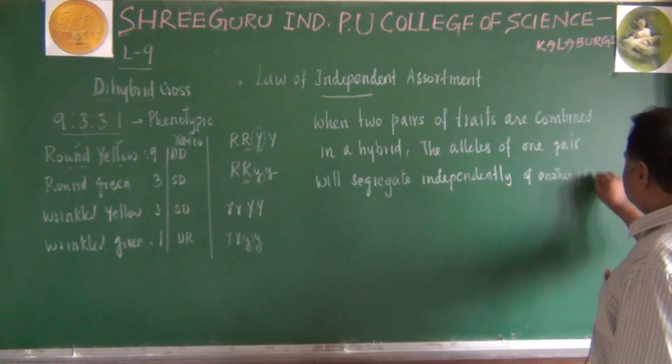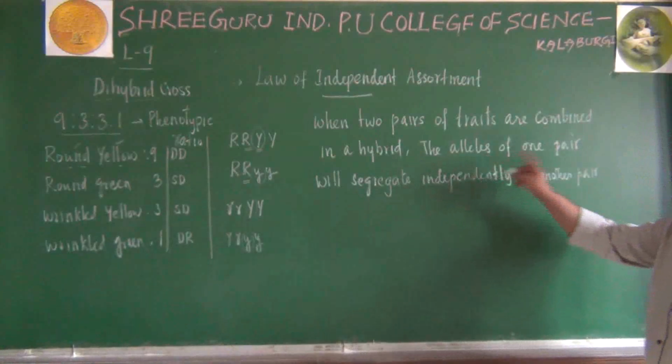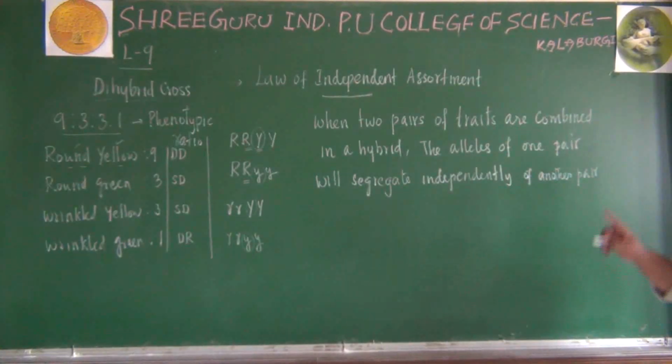This is known as the law of independent assortment. The alleles of one pair will segregate independently of another pair.